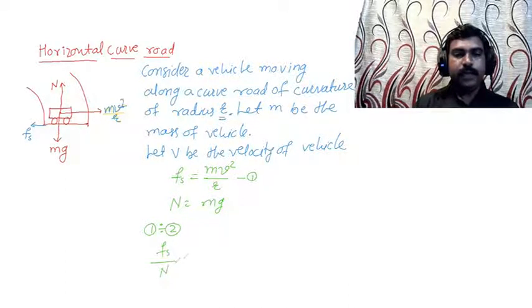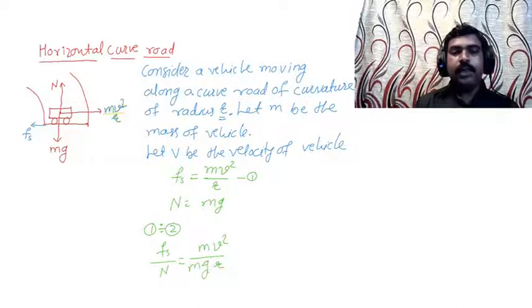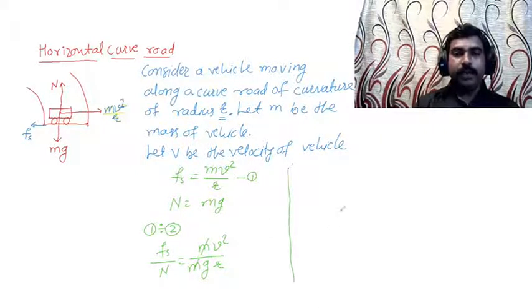Fs divided by N, and on this side mv square divided by r, and here we divide by this equation, so you can write mg in the denominator. Now see, mass cancels. So Fs by N is nothing but mu.